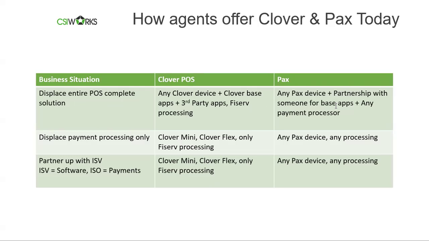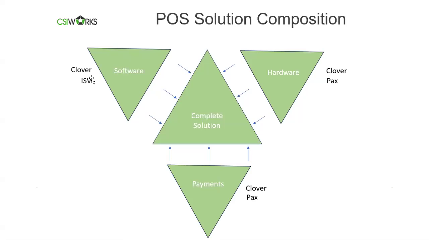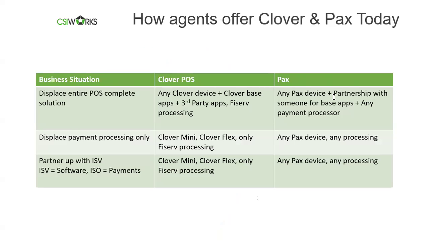So they'll need to partner up with an ISV, an independent software vendor, which is what we have here. If we're going with PAX for payments and PAX for hardware, then you need somebody out there who does the software. That's kind of how it works.